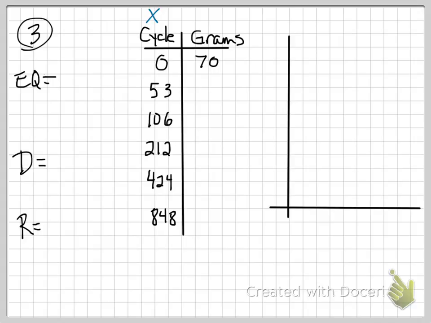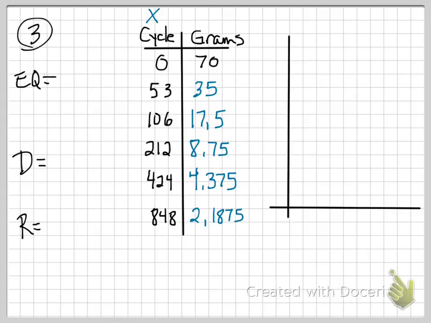So we're cutting it in half each time. So half of 70 is 35. Half it again, 17.5. Half it again, 8.75. Half again, 4.375. It's getting small.